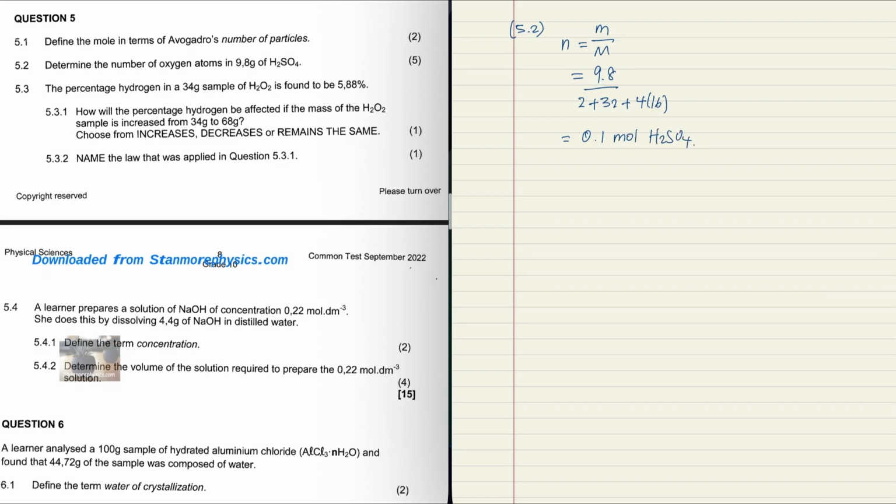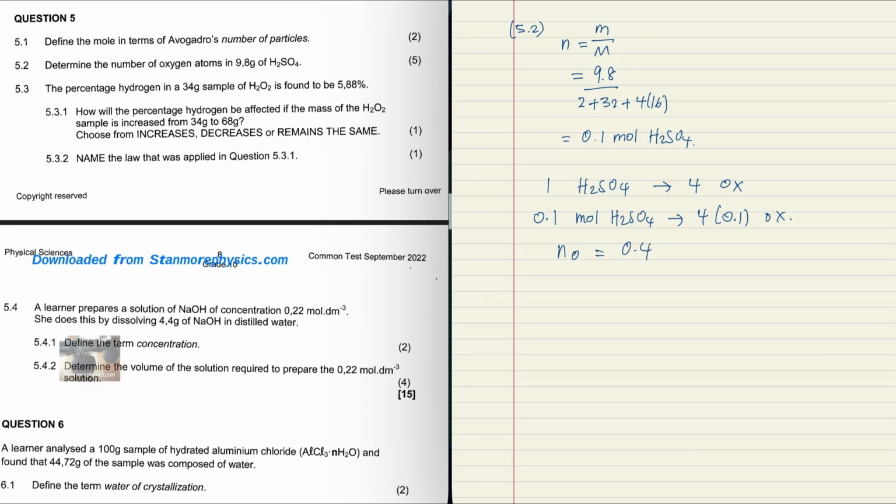That's going to give us 0.1 moles of H2SO4. Now, in 1 H2SO4, we have 4 oxygens. So if I have 0.1 moles of H2SO4, I'm going to have 4 times 0.1 moles of oxygen. So the moles of oxygen is going to equal 0.4.